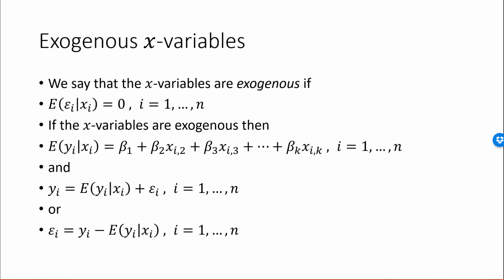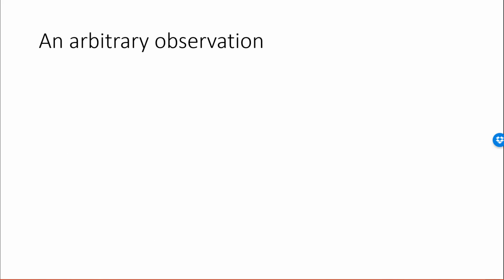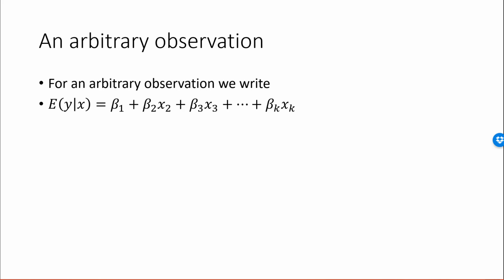We can also do this for an arbitrary student, a student which is not necessarily in the sample. So just an arbitrary observation. And what we do is we simply remove the i subscript and keep everything else, because we're not now pointing to a particular student. We're claiming that the relationship holds in general, and then we can write it like this.